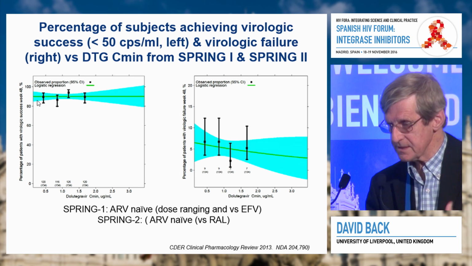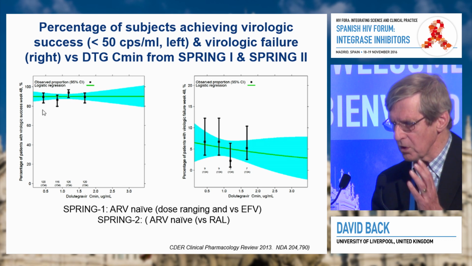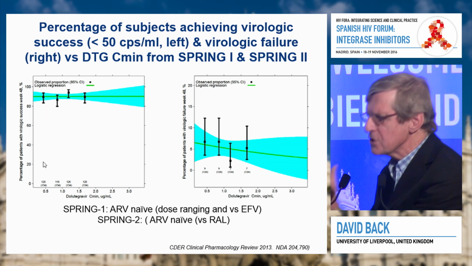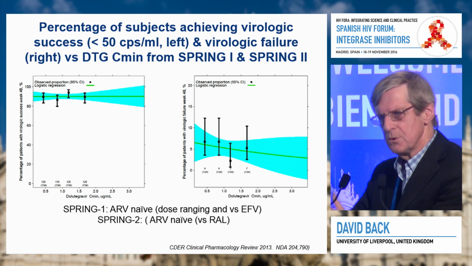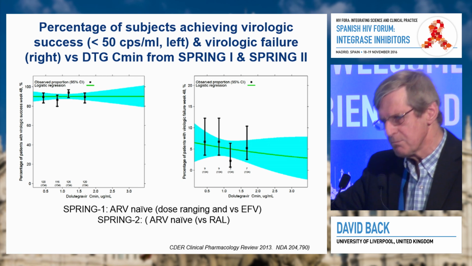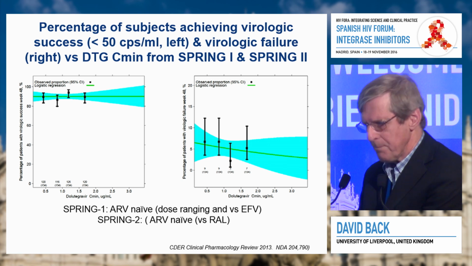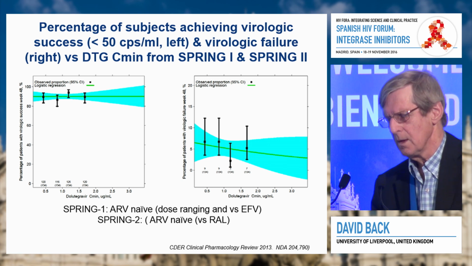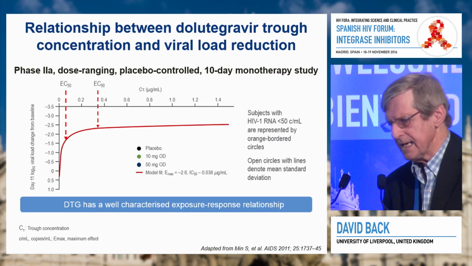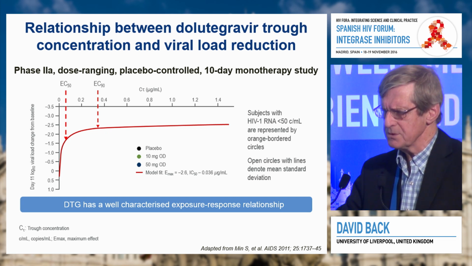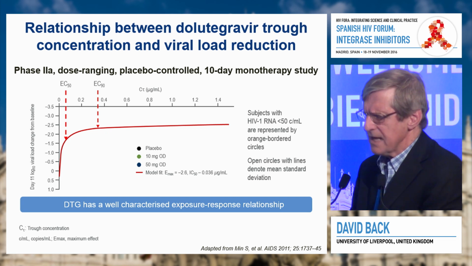It was exactly the same as far as virologic response was concerned. So in all of those quartiles, you've got enough drug to be able to give you the maximum response in that patient cohort. But then let's think about what happens if you don't have enough drug.